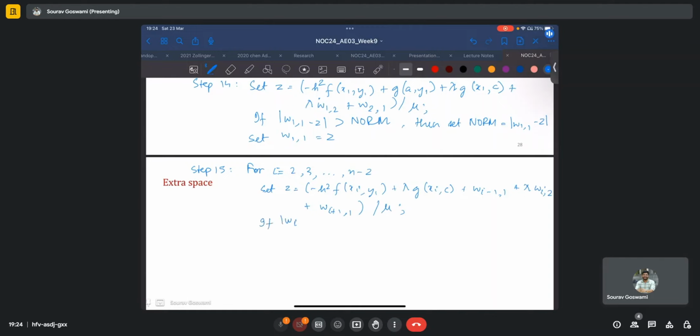If wi comma 1 minus z is greater than the norm, then set the norm equal to it, and update the value wi comma 1.